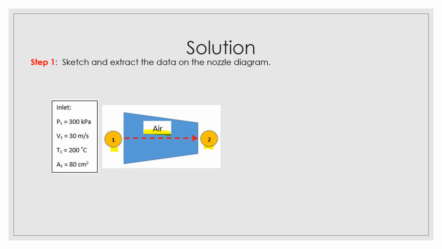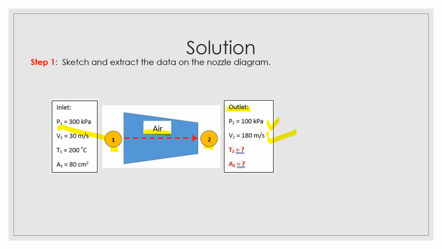And we list the information from the question: P1, V1, temperature and area for 1, where 1 refers to the inlet or enter. And then we list out as well the outlet P2, V2 from the question, and we need to determine T2 and A2, temperature 2 and area 2.